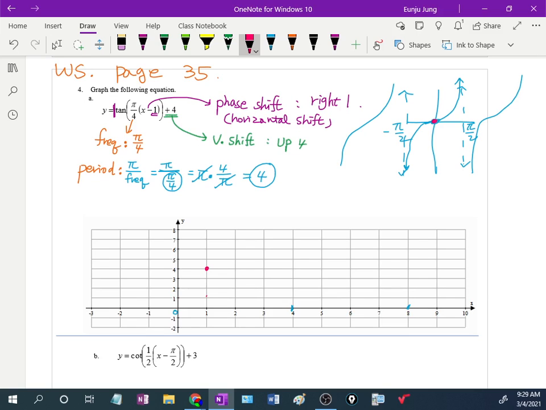So that point is positioned at 1 and 4, the transformation, okay? And after that, since the cycle is 4, 1, 2, 3, 4, after one full cycle, it appears again. Same thing. 1, 2, 3, 4. We see that position again. The other side, 1, 2, 3, 4. Yes, we will see it there again. Okay.